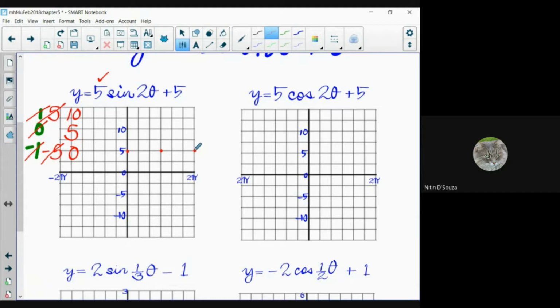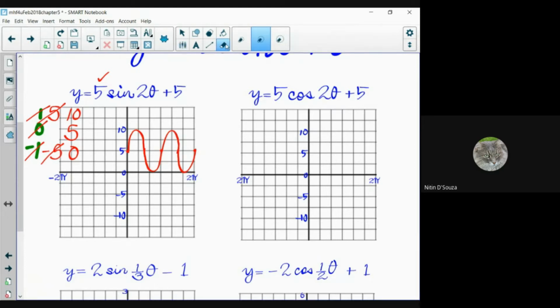Now this one's a little bit dicey because you have to go through the middle here, but that's fine. So there's the mid there, there's the mid there. My sine curve will look like this. Two sine curves that go from 0 to 10. And that's how I figured it out.